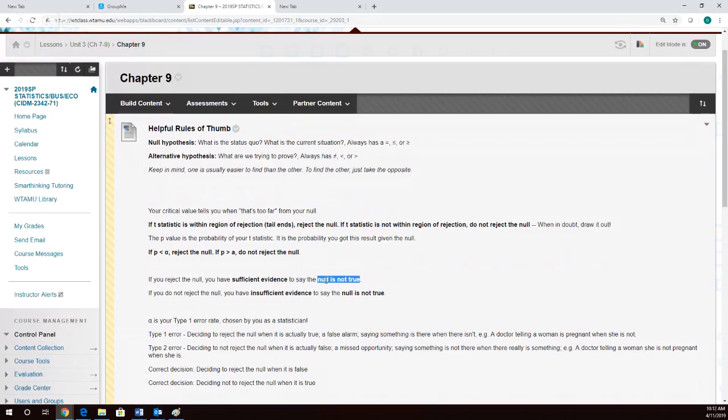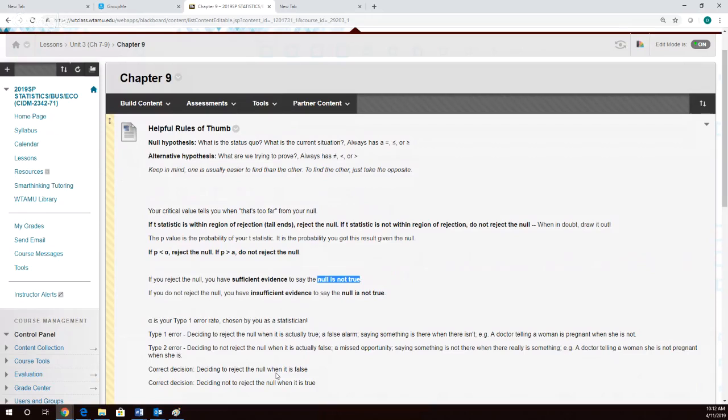Okay, so for your type 1 error rates or your type 2 error rates, this can be tricky to interpret or to understand, so knowing these rules about them can help. A type 1 error is when you decide or say that the null is not true when in reality it is true.